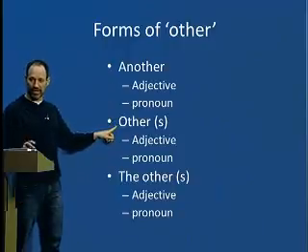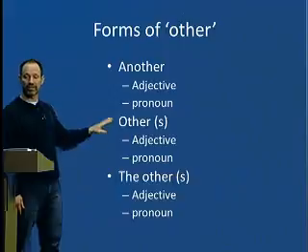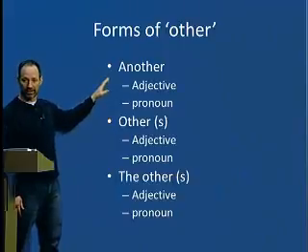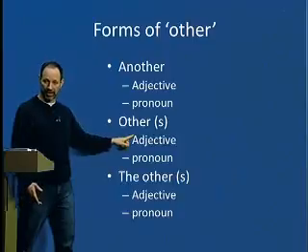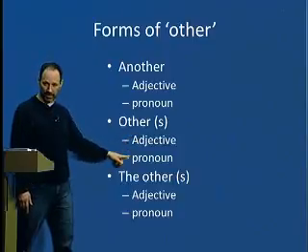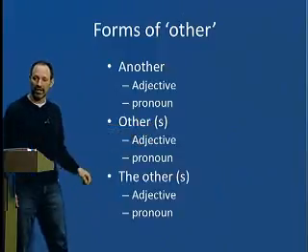Other is the second form we've talked about, and that means several more in addition to the ones already mentioned. So other is the plural form of another. It could be an adjective before a noun, or it could be a pronoun. When it's a pronoun, it's going to have an S, others.